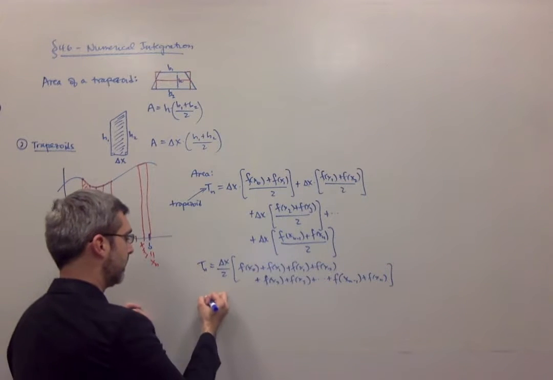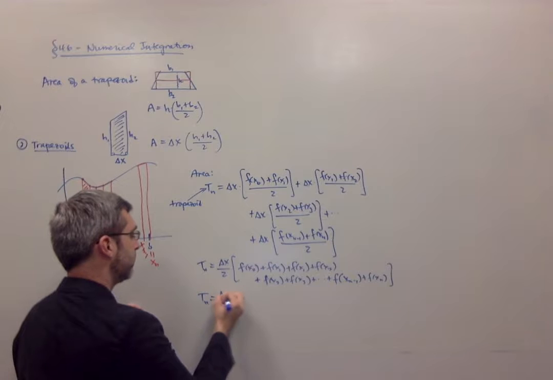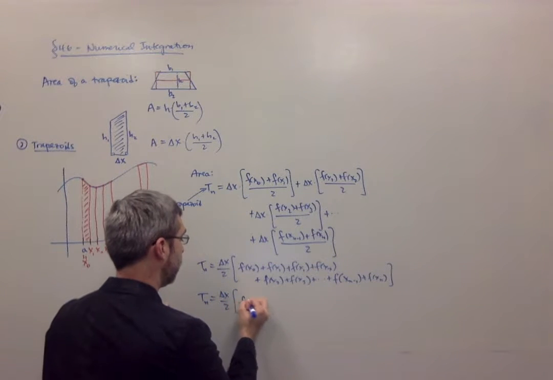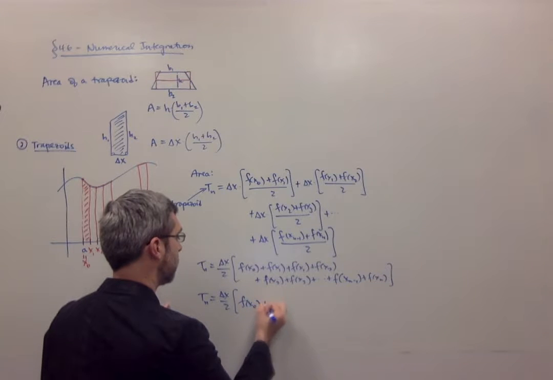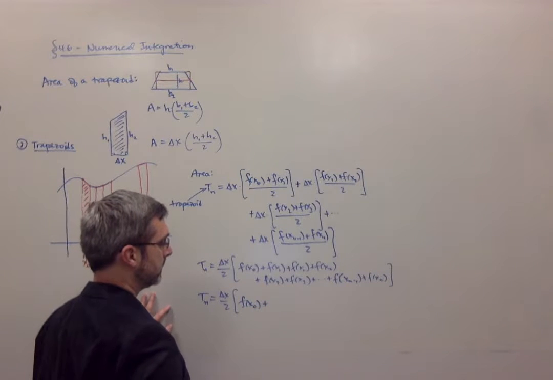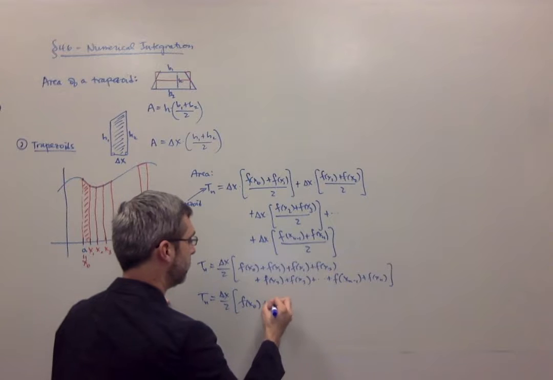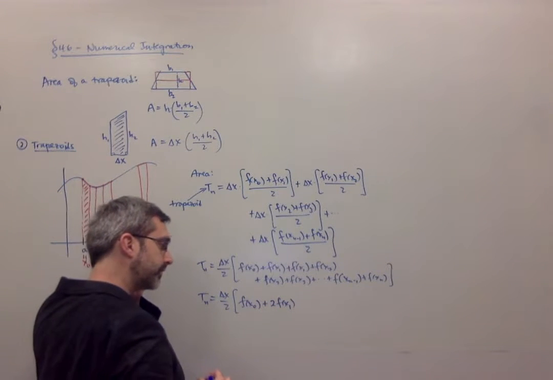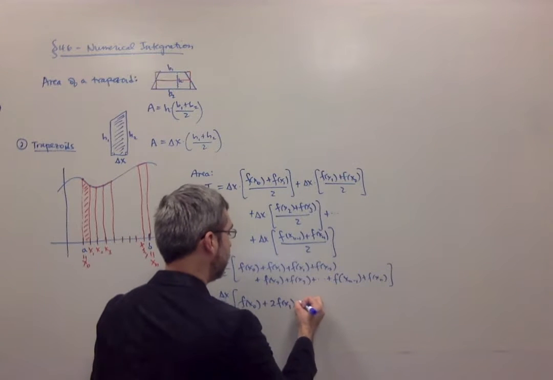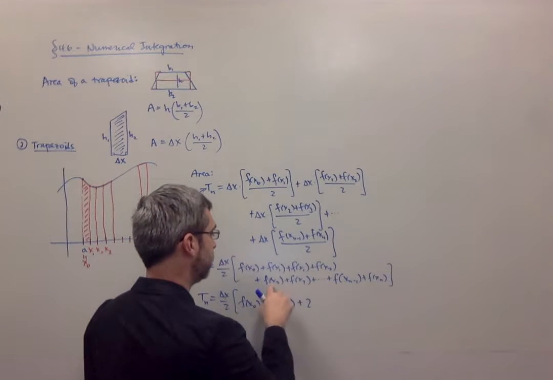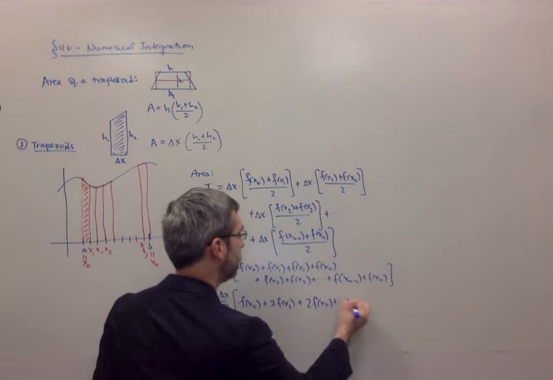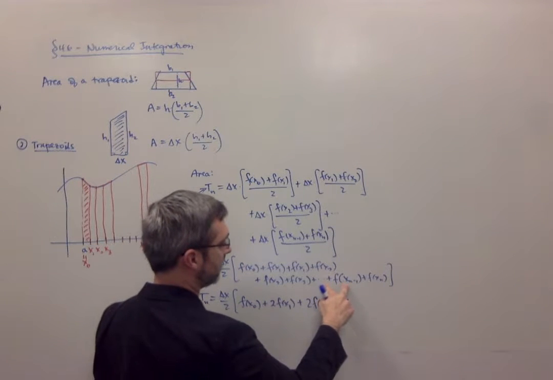Now we can actually clean that formula up by noticing that I have an f of x0, and then I have two copies of f of x1, and then I have two copies of f of x2, and that's going to keep going until you have two copies of the second to last one.